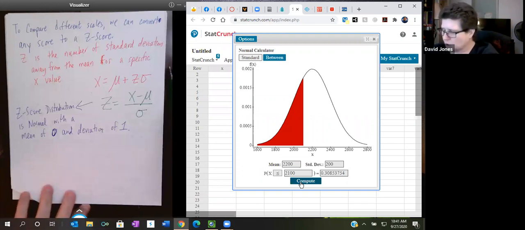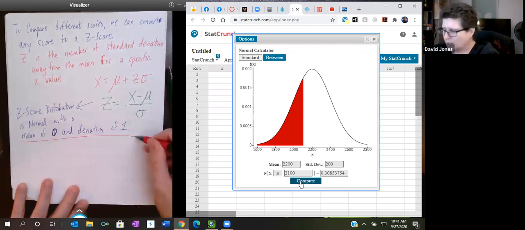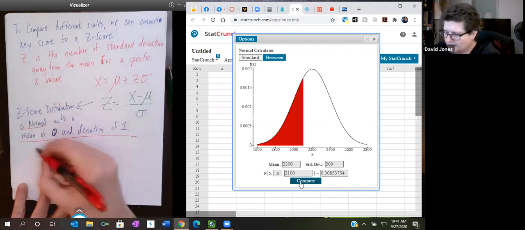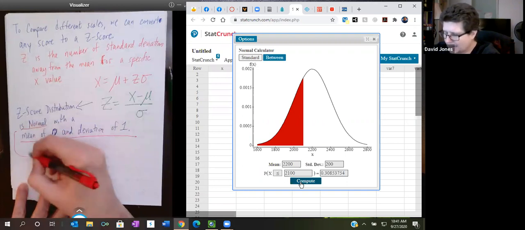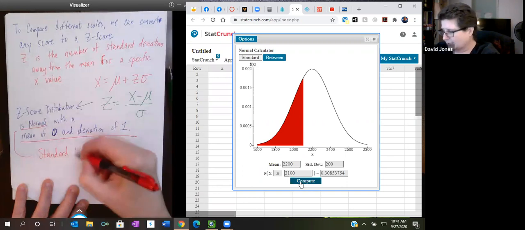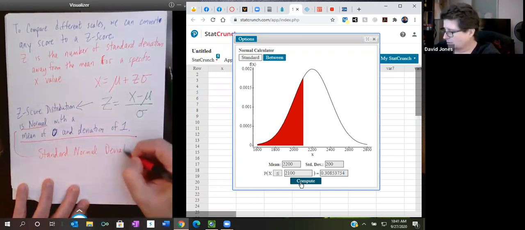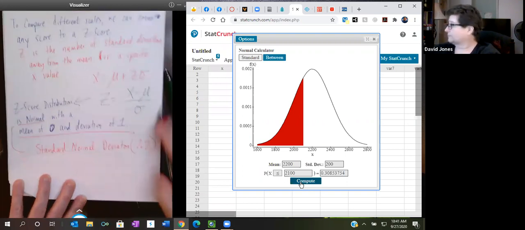When a z-score has a mean of 0, a deviation of 1, and it's normal, these two criteria make up the standard normal distribution we're going to look at in 7.2.